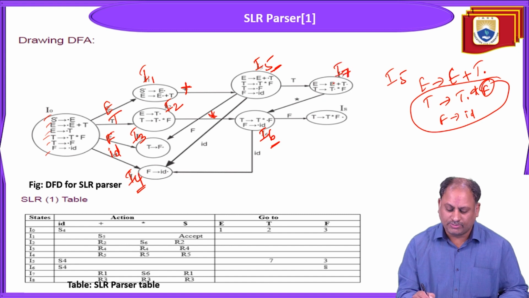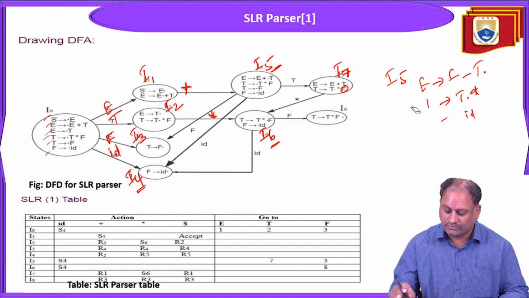For I7, after including the F state, we have to include the corresponding F transitions. The transition is T derives T dot star F, and the corresponding F also has to be included.